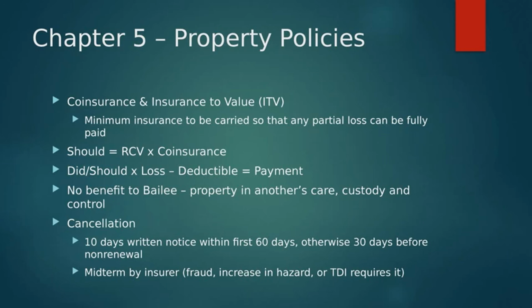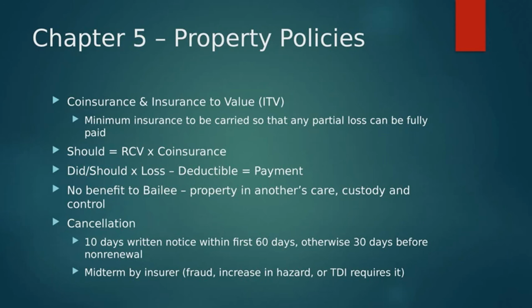So a lot of examples of bailees are going to be dry cleaners, repair shops for shoes, autos, TVs, whatever it is. So you're basically having something held for a special purpose and then returned. And while it's in your care, custody, and control, if something happens to it, you're responsible for it. That's where you would need bailee coverage, and there is no benefit to a bailee in property policies. So it is excluded.